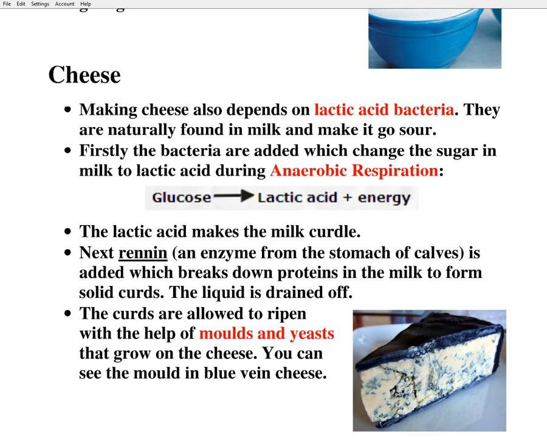I think the key idea here is that in the food making process, it's often the anaerobic respiration, the growth without oxygen, that's really important to these foods, as well as special types of microorganisms. And it's worth noting here that not all microorganisms are bad. Some of them are really good and do really helpful things for us and help us make valuable products and even foods.